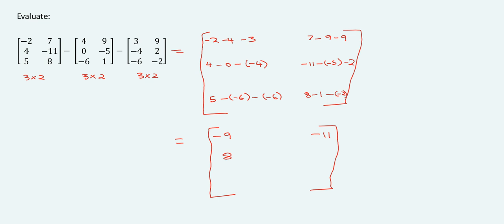Minus 11 minus 5, that's going to give us minus 6 minus 2, minus 8. 5 minus 6, 11 minus 6, 17. 8 minus 1, 7 minus 2, 9.